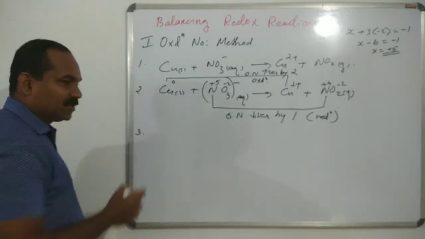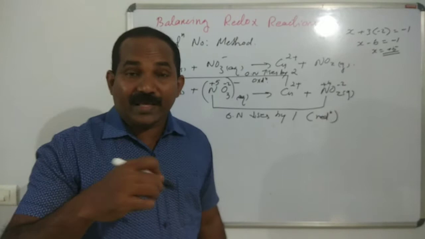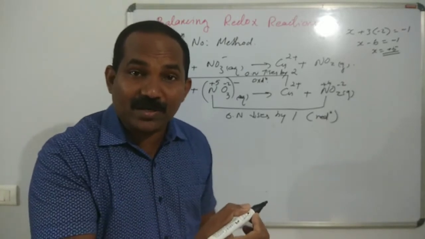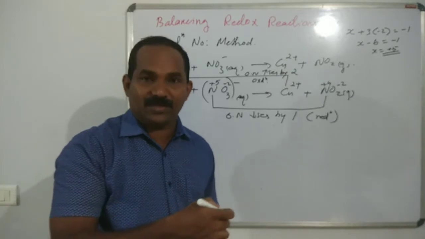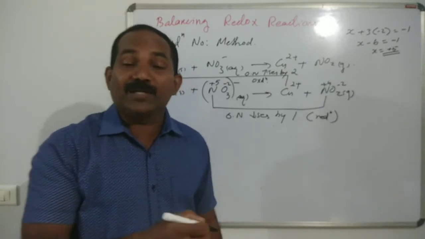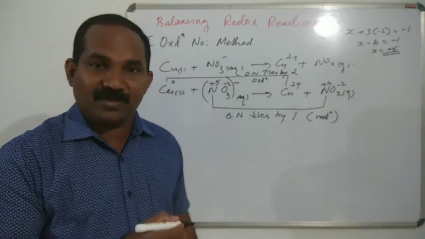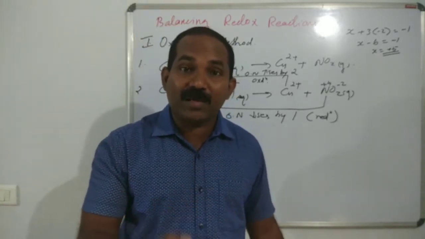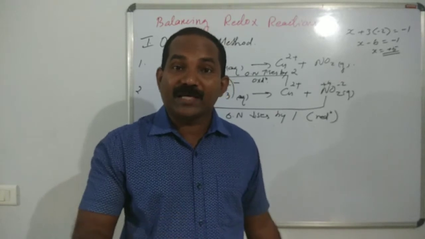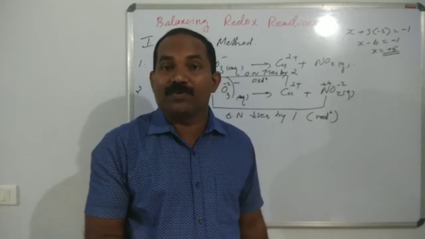And the third step: if the increase in the oxidation number and decrease in the oxidation number are different, we multiply with a suitable coefficient. If the increase as well as decrease is same, no problem, you can directly go to step 4.